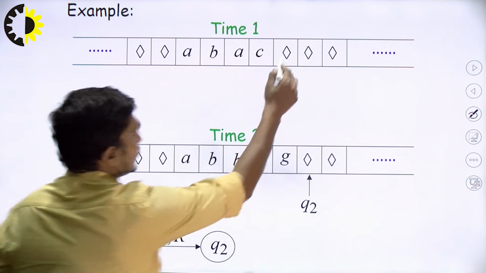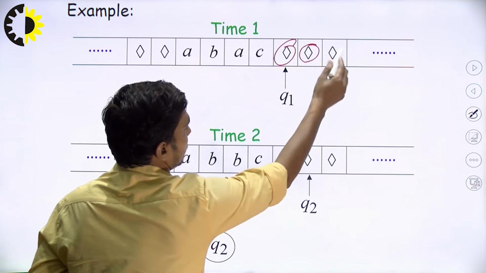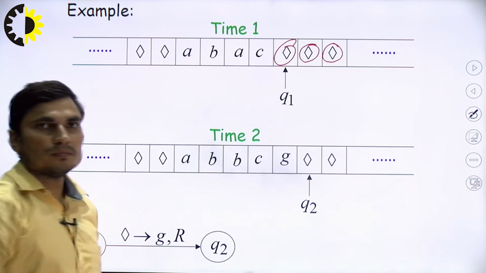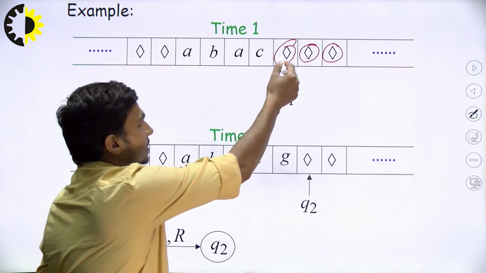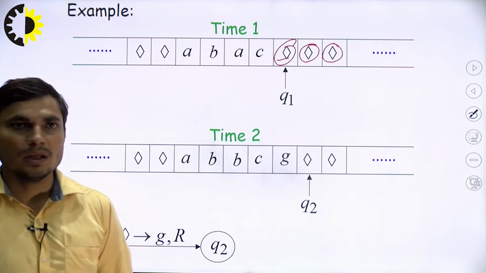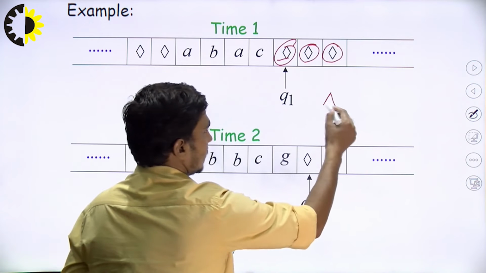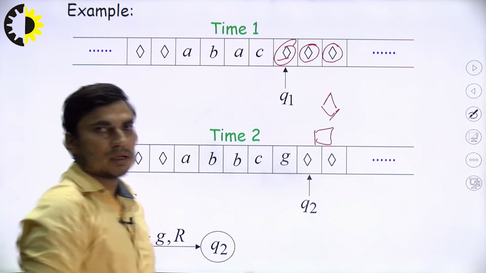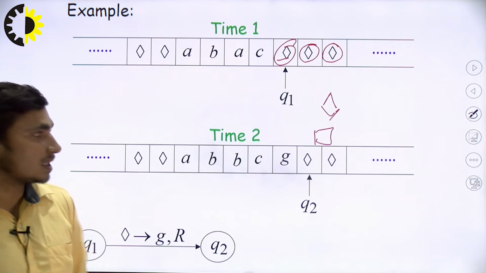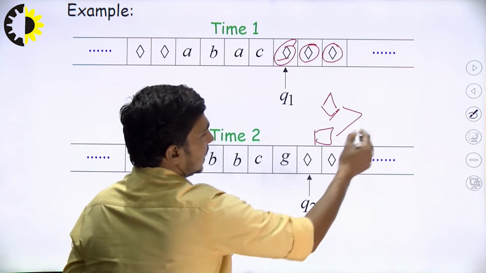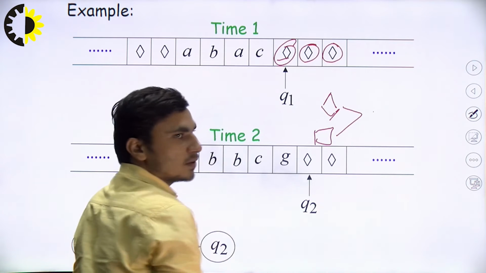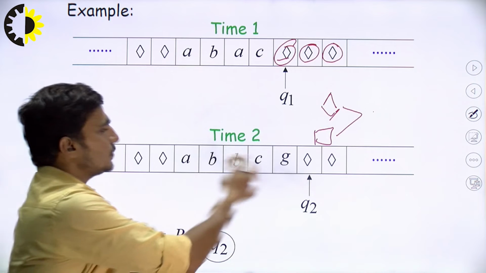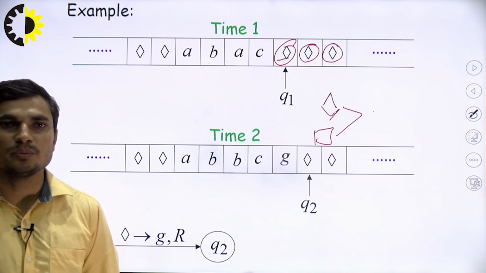Now, you can see there is a specific symbol here which is represented by this representation, and here we are using this representation, and in some books you will find that a square is also used for this. What this represents is just an empty space. Let us suppose the length of the tape is assumed to be infinite.